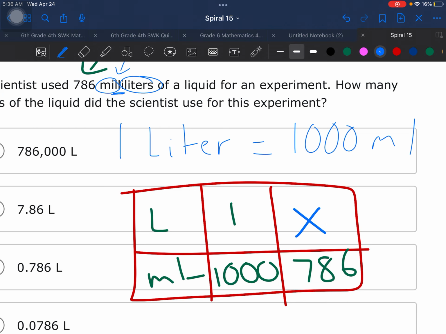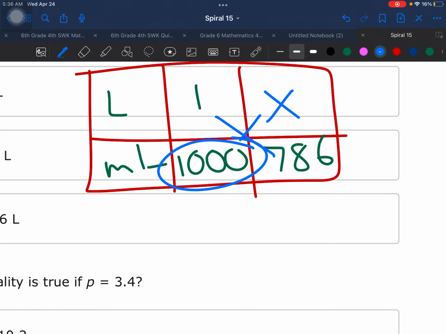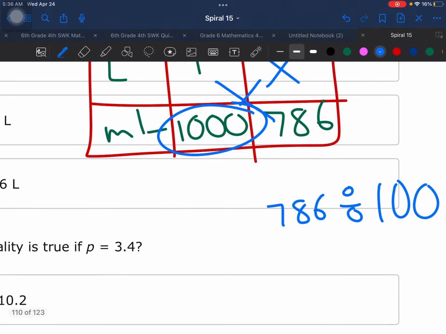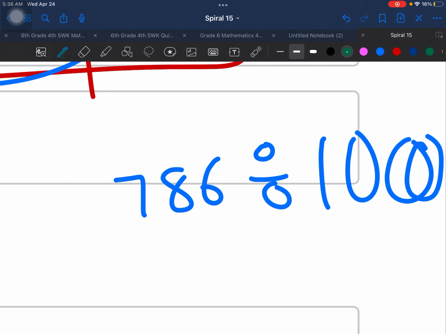So, Wakanda Forever means you're to multiply the two numbers that have a partner diagonally and divide by the one that doesn't. So 786 divided by 1,000. Ay, no me cabe el otro cero. There we go. So, when you divide by 1,000, chicos, there's 3 zeros.